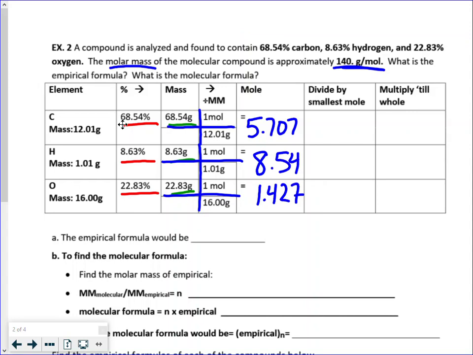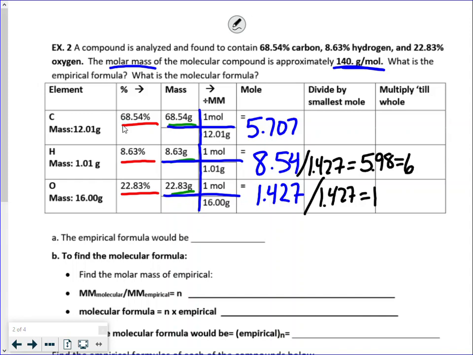So we did percent to mass, mass to moles. Now we look at our moles and divide by the smallest. Smallest being our 1.427. That's going to give me a 1 here. What is our value there for the moles? 5.98.